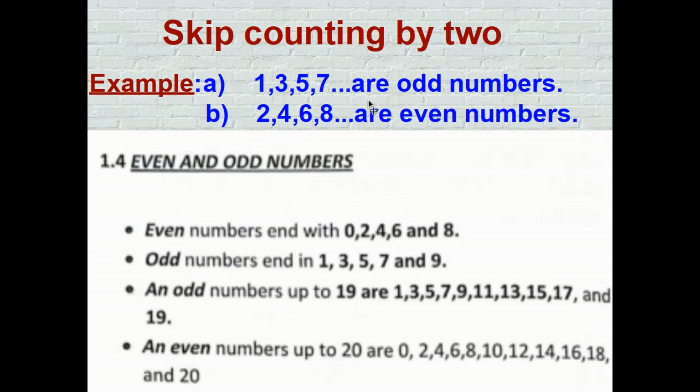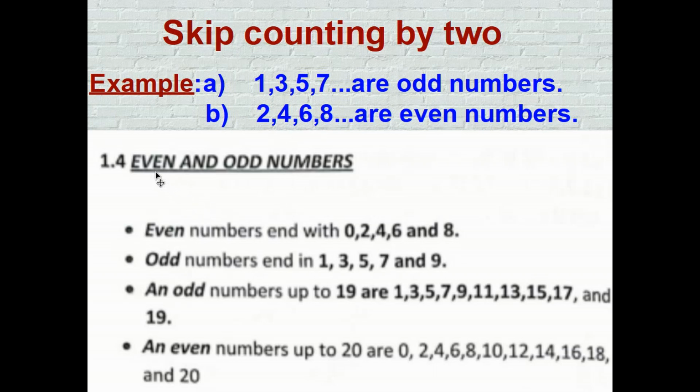In this order, we have a difference of 2 in each consecutive number. Within 1 and 3, there is a gap, an interval, a difference of 2. Also between 2 and 4, there is a difference of 2. So these numbers are written in skip counting. We call it skip counting.